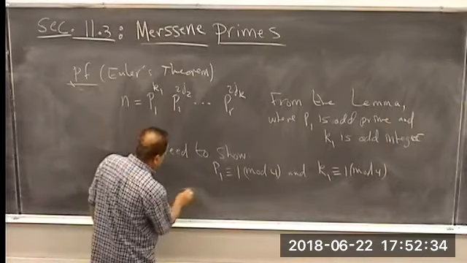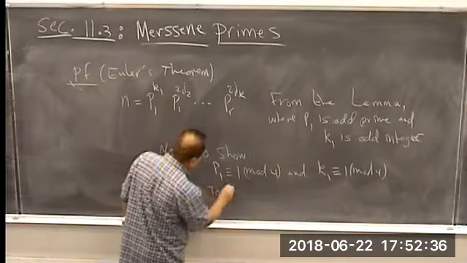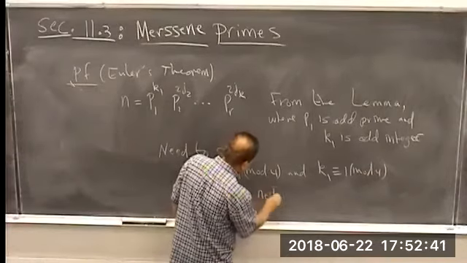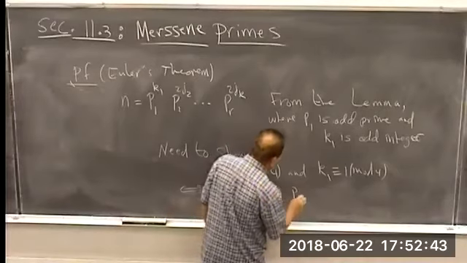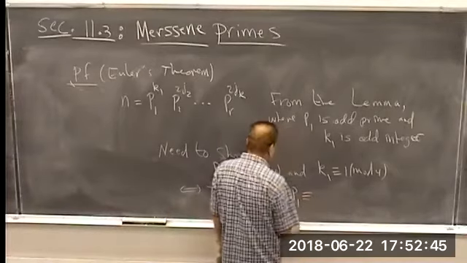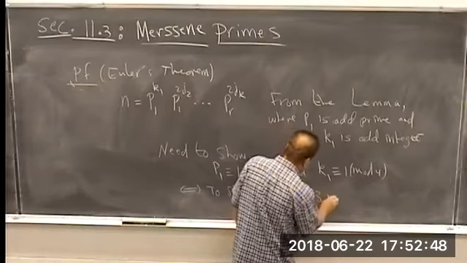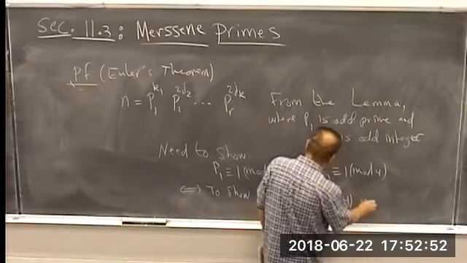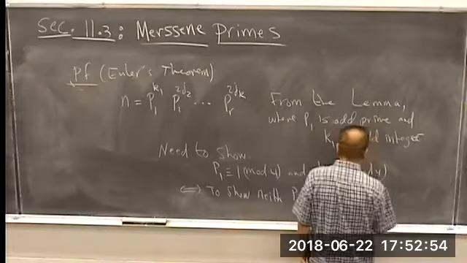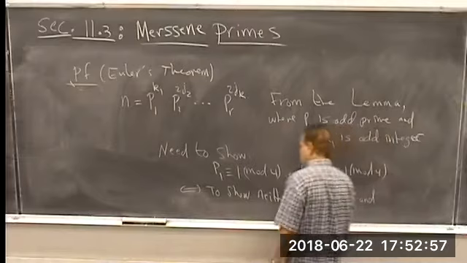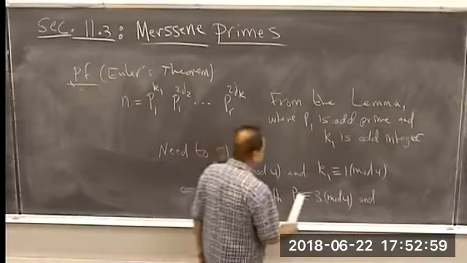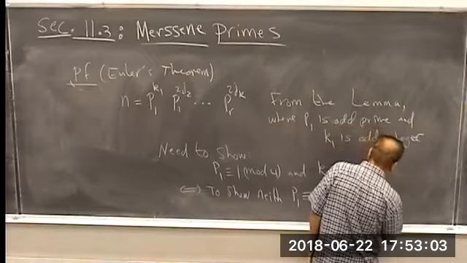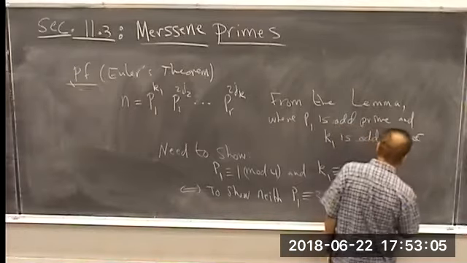So this is equivalent to showing that p_1 is not congruent to 3 mod 4, this last prime, and that k_1 is not congruent to 3 mod 4. We cannot have both of these.